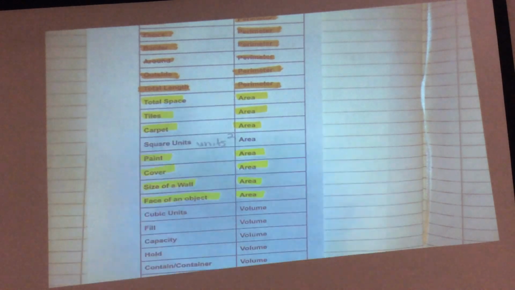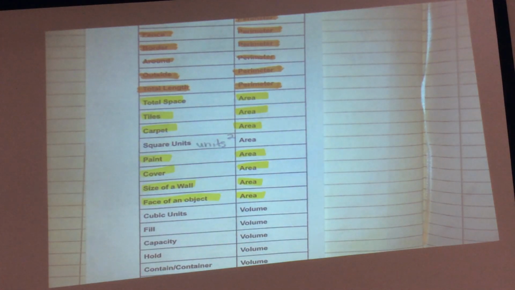So units, give me an example of units. Let me help you. What have we been doing the past 2 days? Conversions, right? When we're using conversions, it's because I can't add or subtract different units.